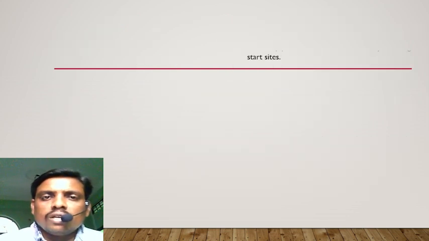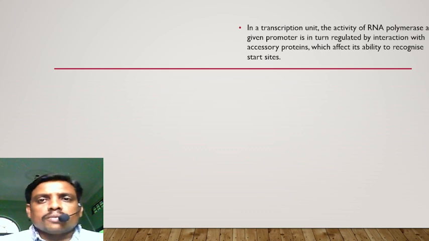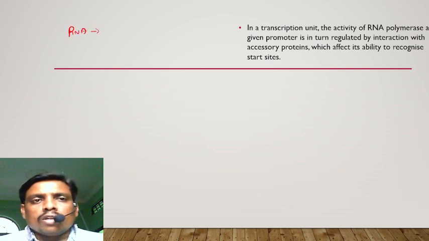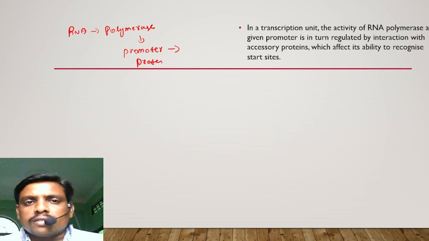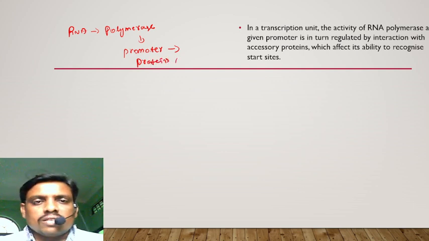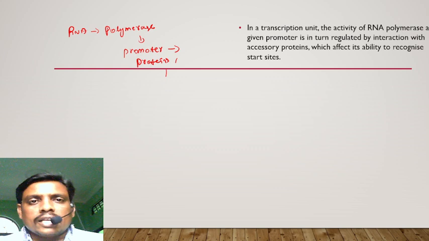Understood, everyone? In fact, in a transcription unit, the activity of the enzyme RNA polymerase at a given promoter region is in turn regulated by interaction with specific accessory proteins, which affects its ability to recognize the start sites.